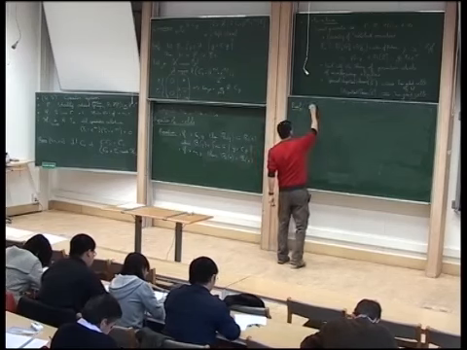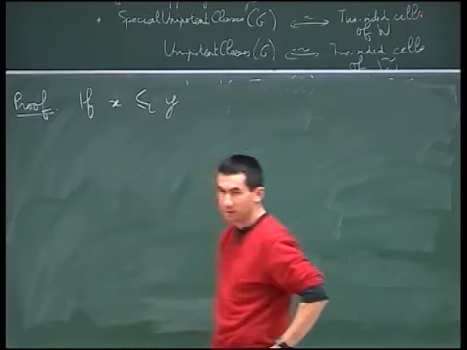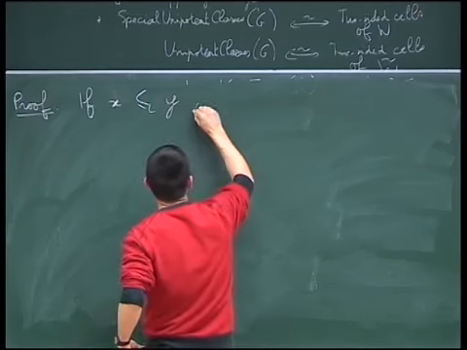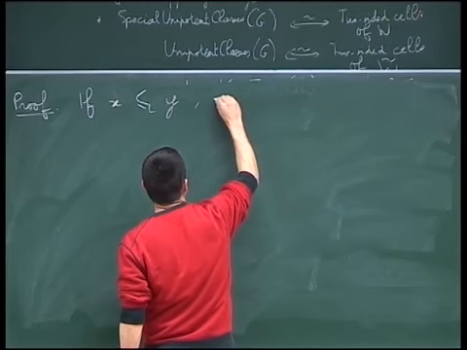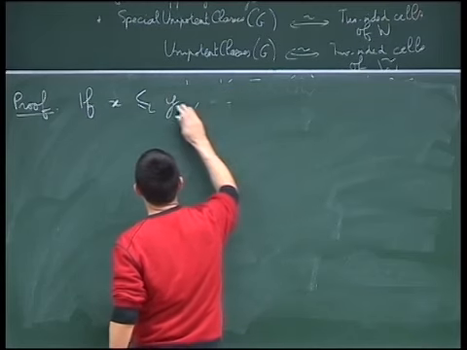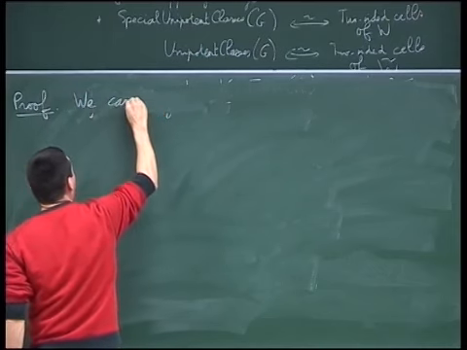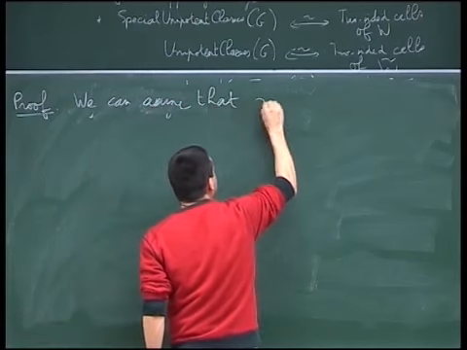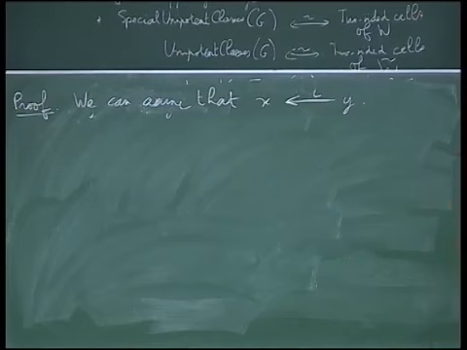So if x is less than y on the left, we can assume that x is directly related to y by left multiplication, just by transitivity.